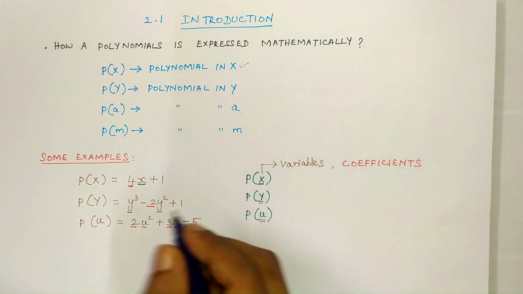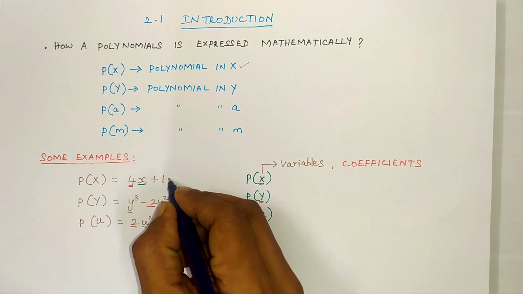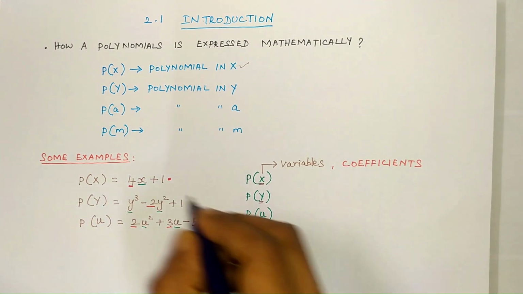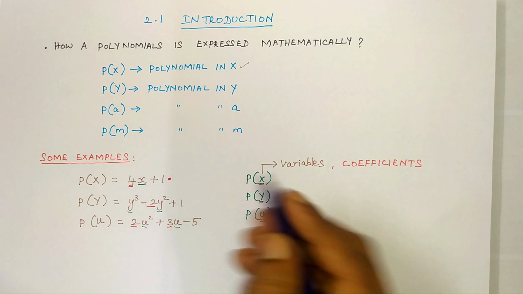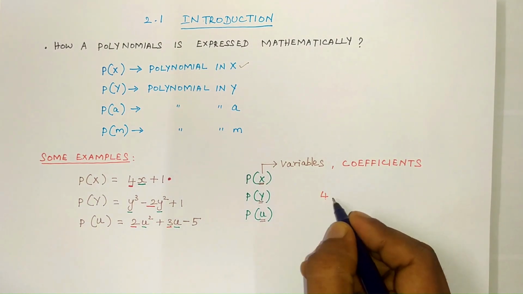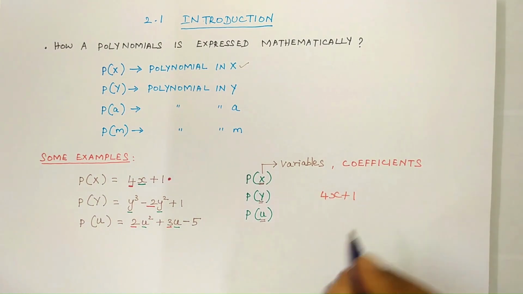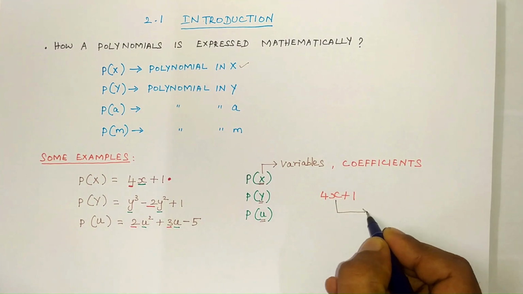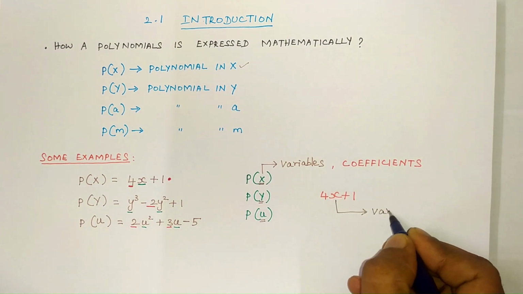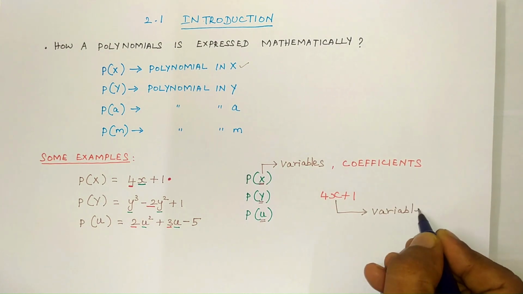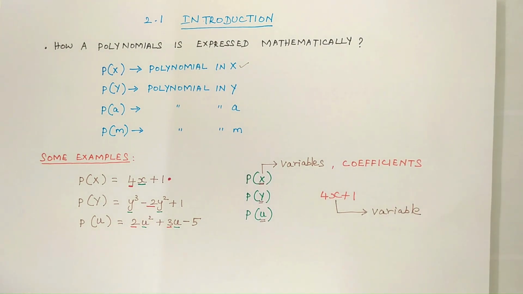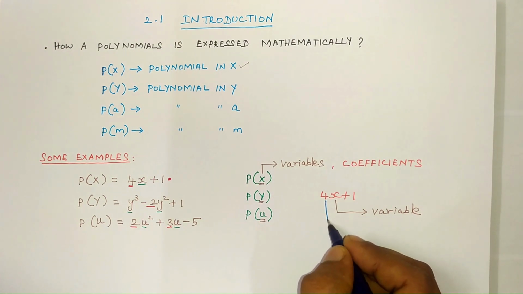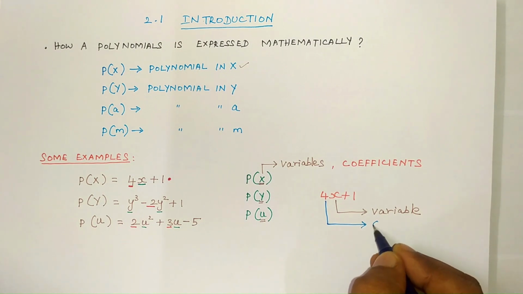Okay, for example, if we take this polynomial 4x plus 1, here x is the variable. Okay, and this 4 is the coefficient.